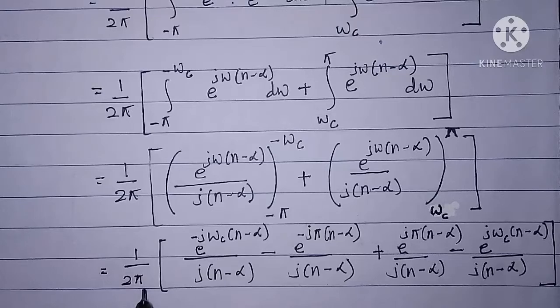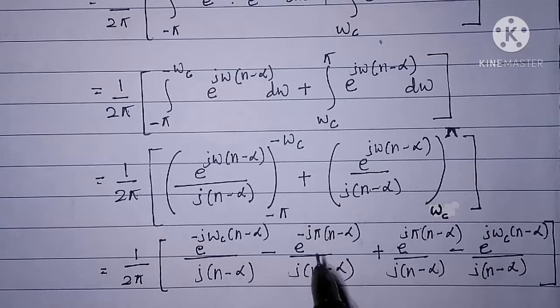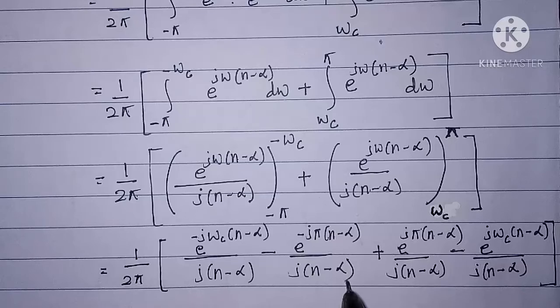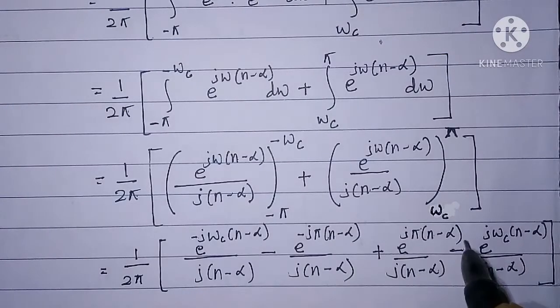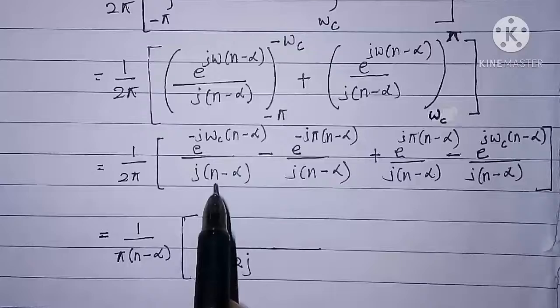1 by 2 pi, e raised to minus j omega c into the bracket n minus alpha by j into n minus alpha, minus e raised to minus j pi n minus alpha by j n minus alpha, plus e raised to pi into the bracket n minus alpha divided by j into n minus alpha, minus e raised to j omega c into n minus alpha by j into n minus alpha.